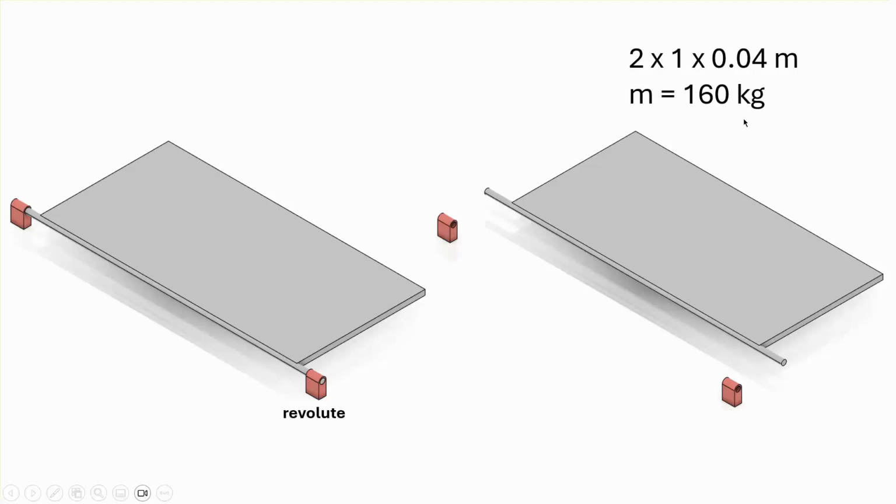thickness. And I'm assuming that it's made out of some material, and the mass of that plate is 160 kilogram. Since I'm going to be modeling this thing from scratch, let me assume that these extensions are 20 centimeters long, and the radius of that shaft, the radius of that cross section, is 2 centimeters.